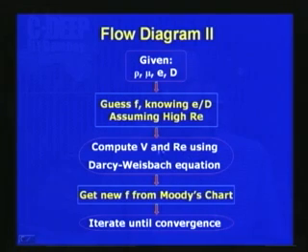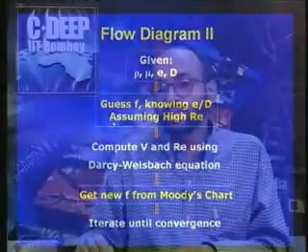Using these parameters we will get the Reynolds number, and then we will get the new friction factor from the Moody's chart, and we will iterate until we get the converged value of the discharge or the velocity which we are looking for in this type 2 problem. So this is the flow diagram for the type 2 problem.